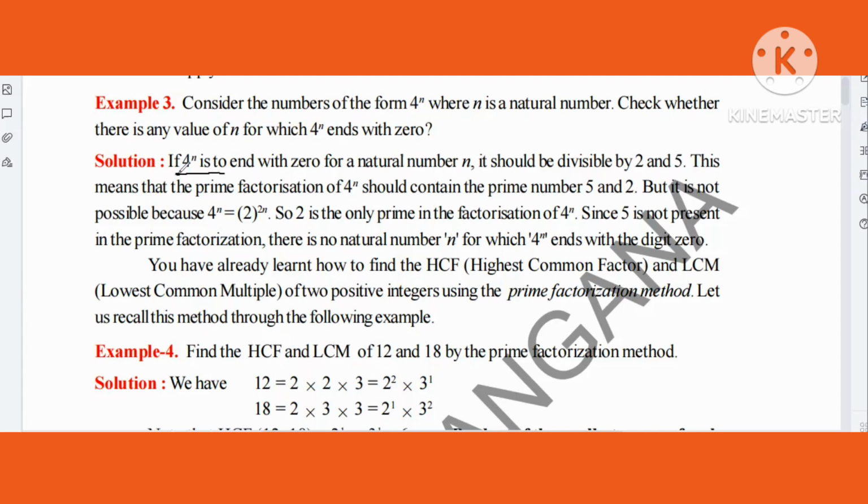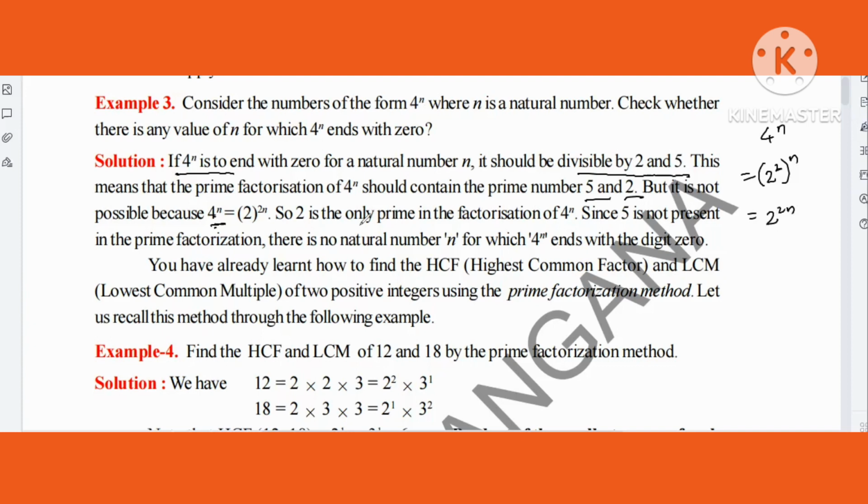If 4 to the power of n is to end with 0 for a natural number n, it should be divisible by 2 and 5. This means the prime factorization of 4 to the power of n should contain the prime numbers 5 and 2, but it is not possible. Why? Because 4 to the power of n we can write as 2 squared, whole to the power of n, which is again 2 to the power of 2n.